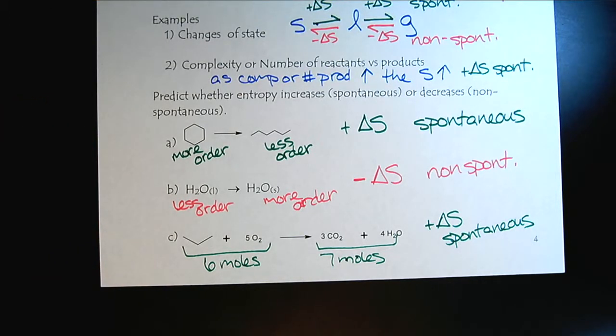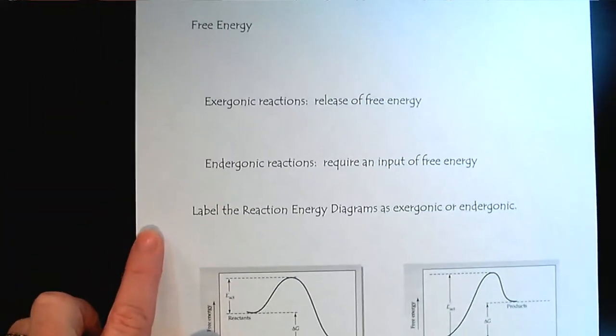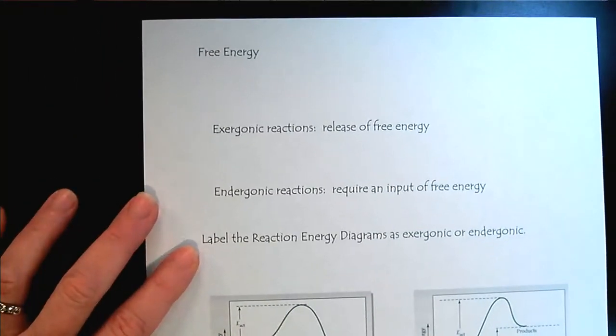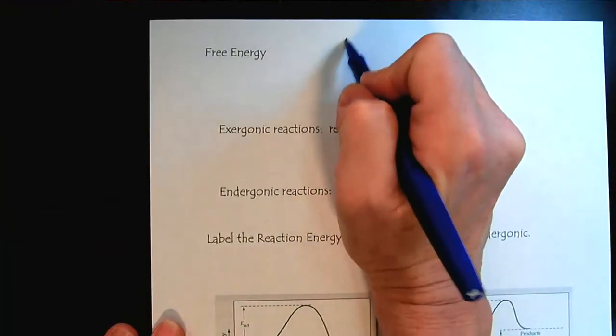Alrighty. So now we've reviewed enthalpy and reaction energetics, and we've been introduced to the idea of spontaneous and non-spontaneous and entropy. So now we finally have everything we need to put this all together. We can look at free energy in all its facets. Let's remember the formula.